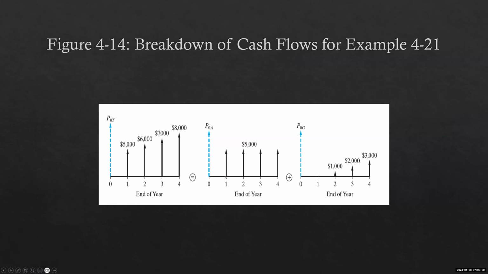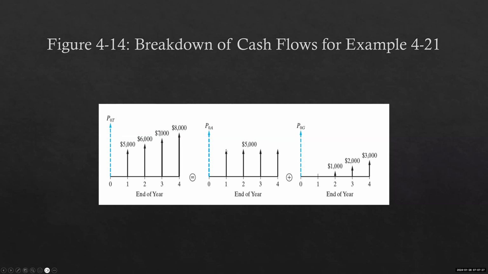And we remember that our annualized amounts, our A, start at the end of year 1. Our gradient is then going up by $1,000 each year, starting in year 2. Just like the previous slide, it showed the gradient happening in year 2. That's because the initial amount in year 1 is considered to be that baseline annuity amount.